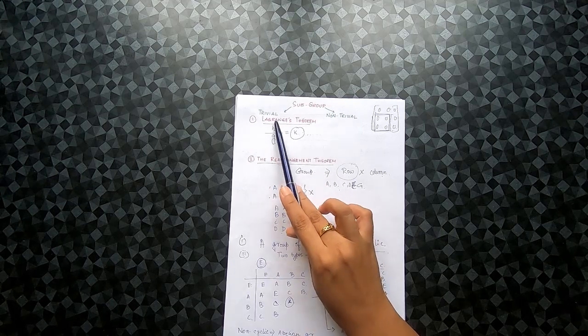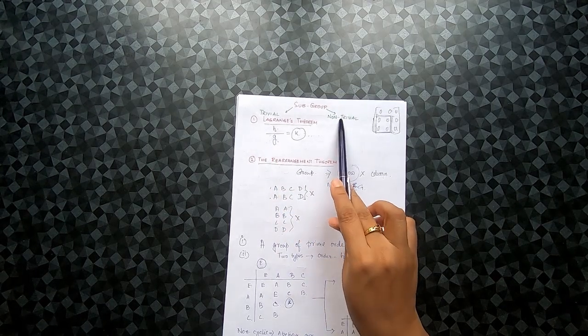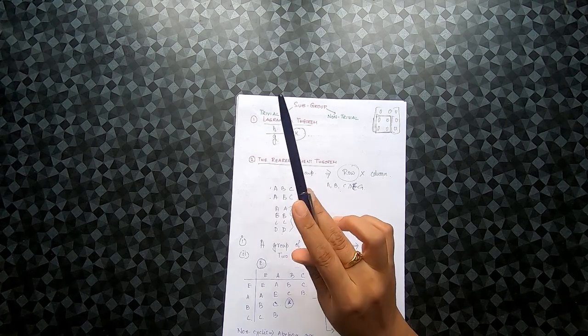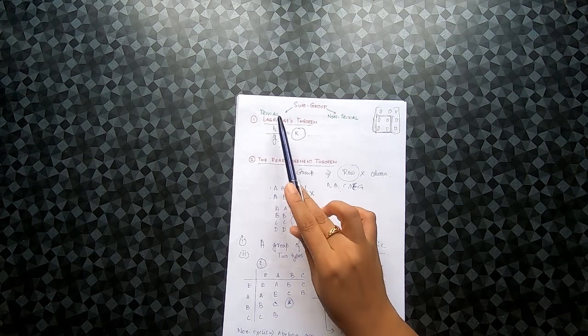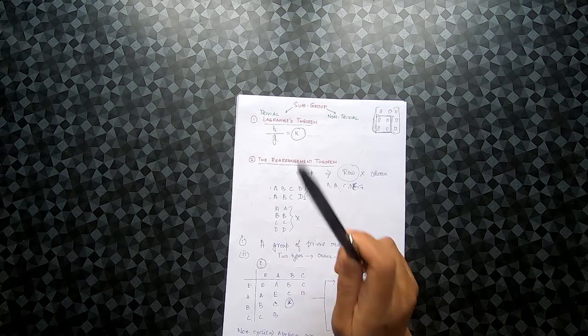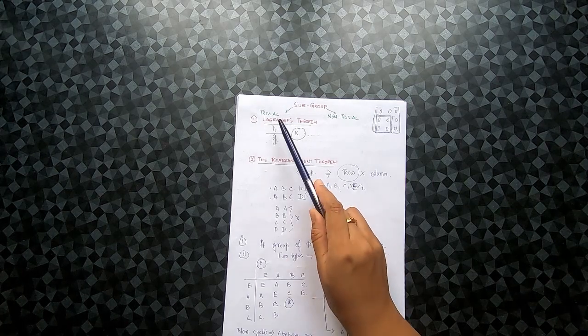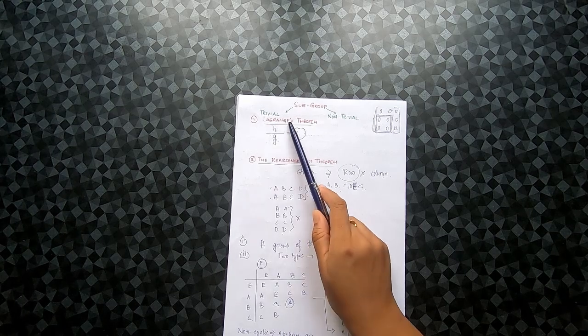A subgroup can be divided into two types. One is trivial, another one is non-trivial. In a trivial subgroup, the order is 1. That means only one element can be present in a trivial subgroup, and that element is E or identity.